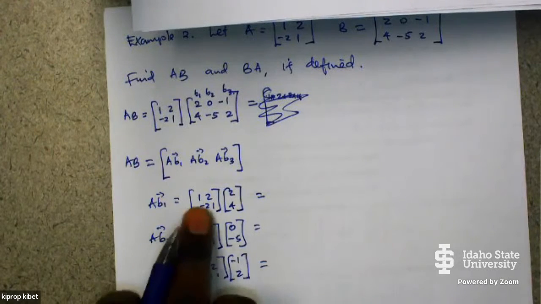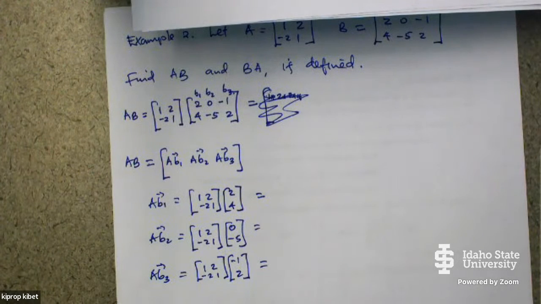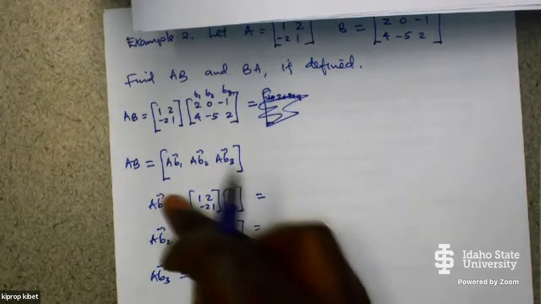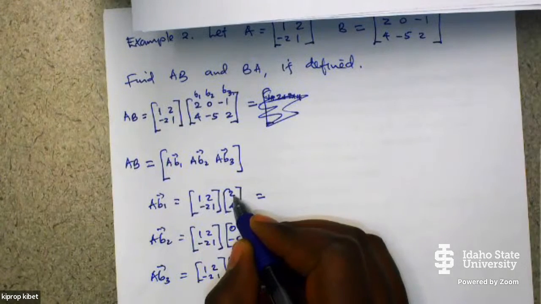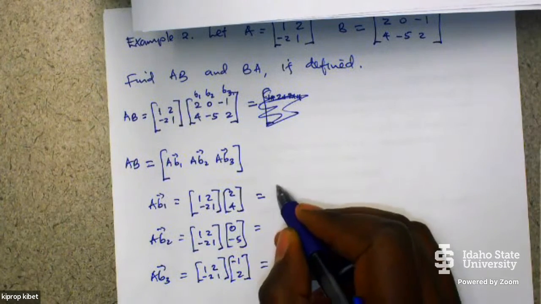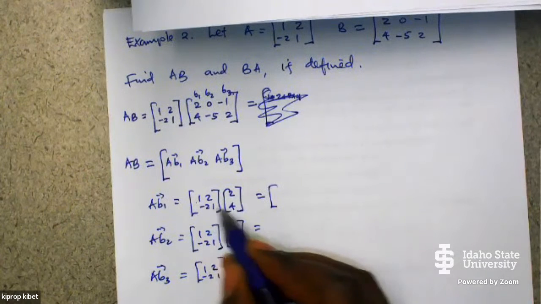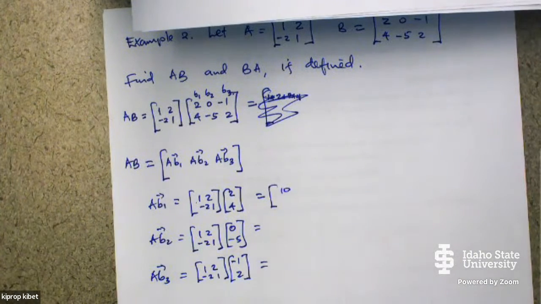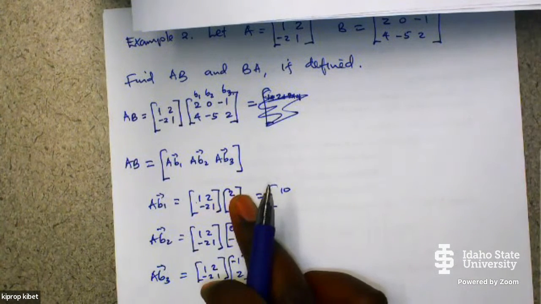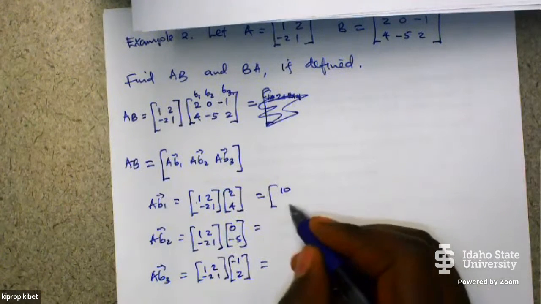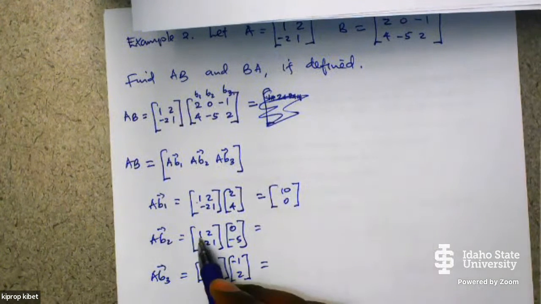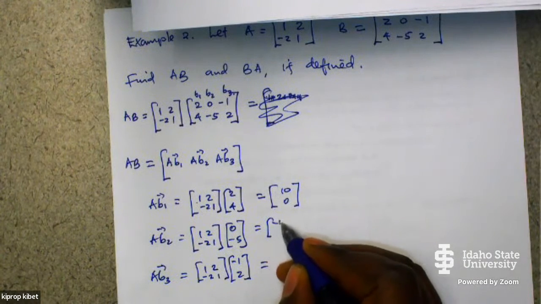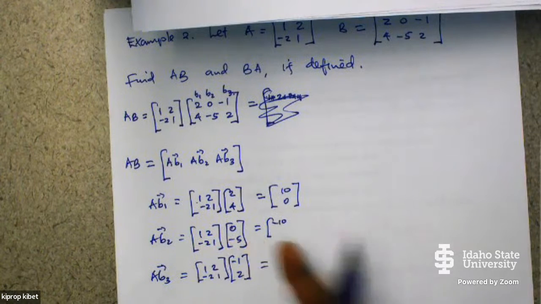Taking the way we were multiplying a matrix by a vector, the first is 1 multiplied by 2 plus 2 multiplied by 4. So 1 by 2 is 2, 2 by 4 is 8, so the first entry is 10. 2 by 2 is 4 minus 4, you get 0. Then 0 and minus 10, then 0 and minus 5.